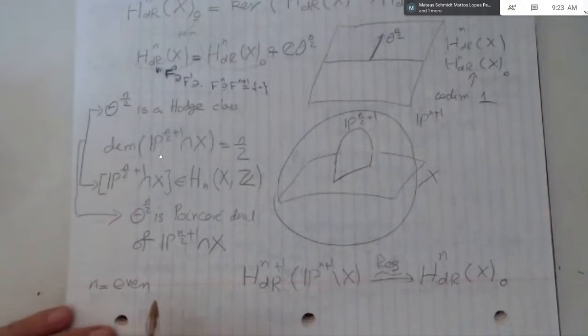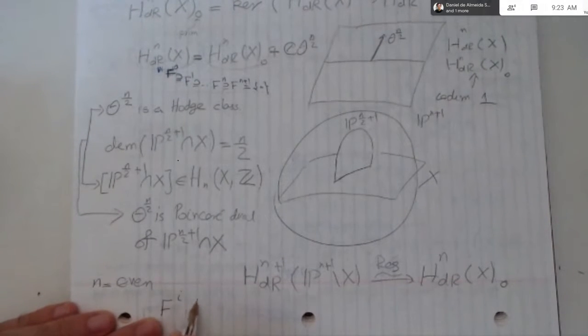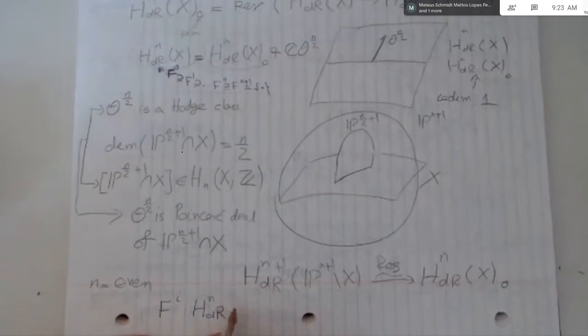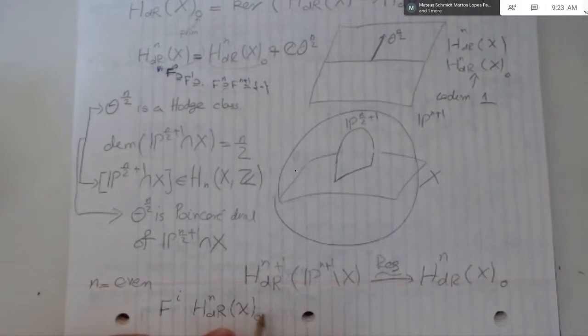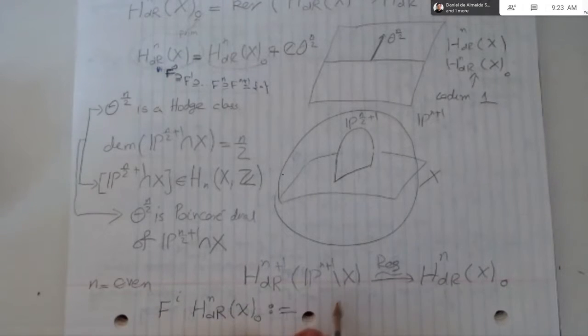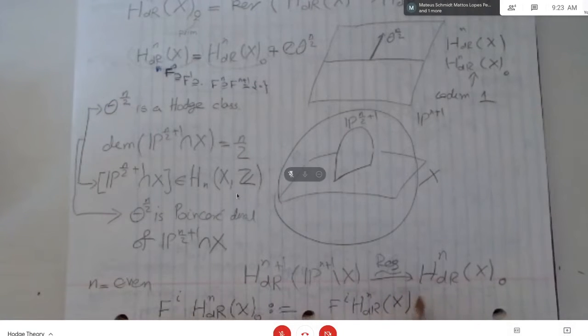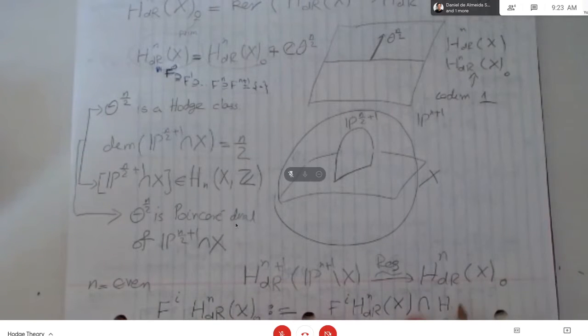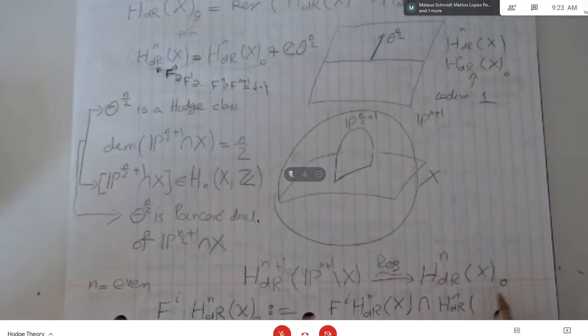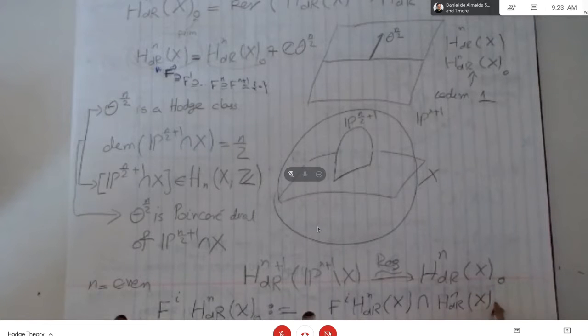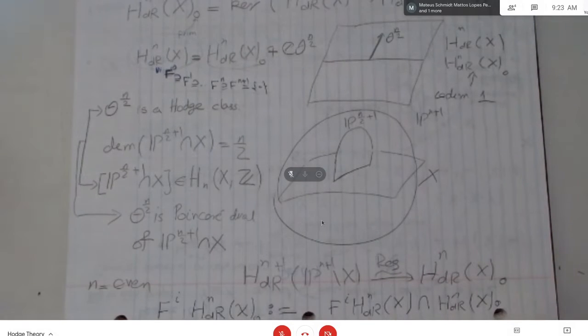So F^i of H^n de Rham of X primitive by definition is just F^i H^n de Rham of X intersected with the primitive cohomology.